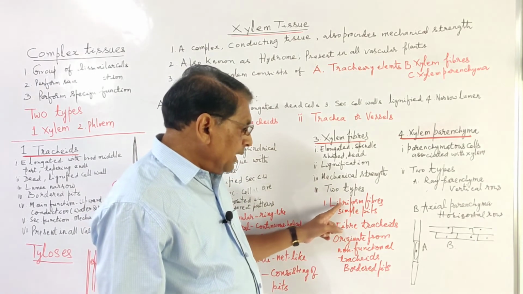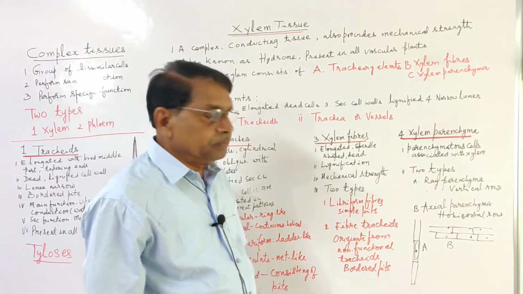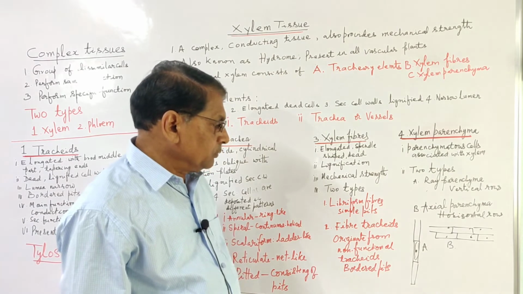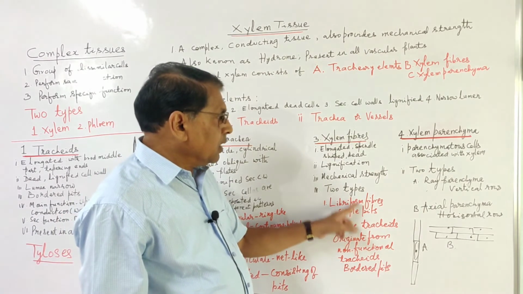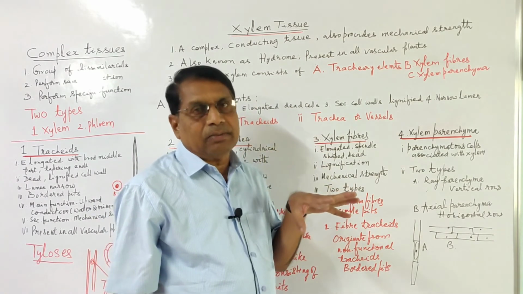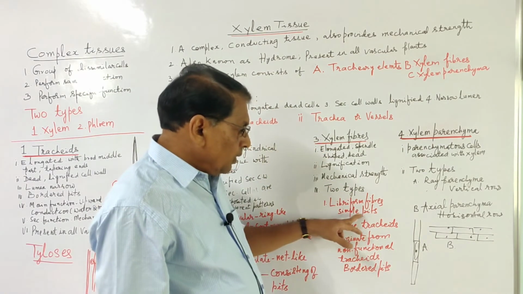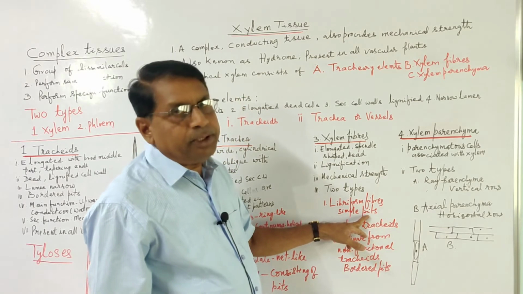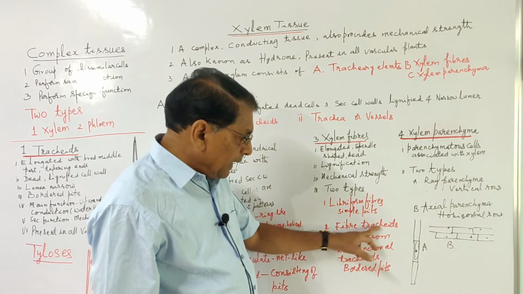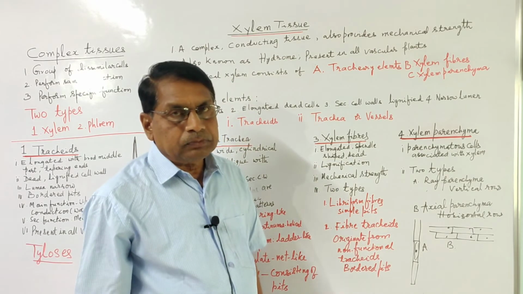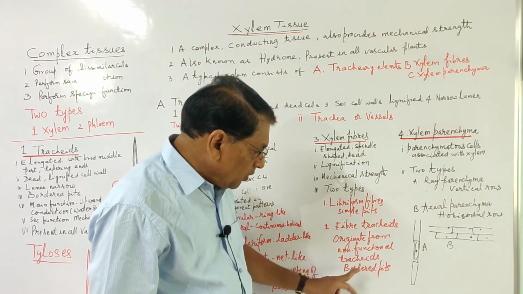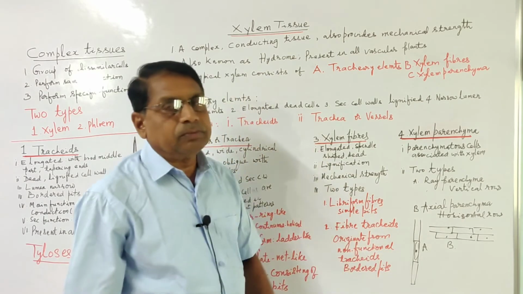Two types, libriform fibers. Libriform fibers come from the sclerenchyma cells. Originally, they are sclerenchyma cells consisting of simple pits. The second, fiber tracheids, as the name itself indicates, they originate from non-functional tracheids.